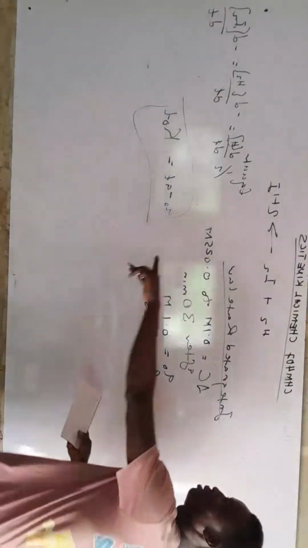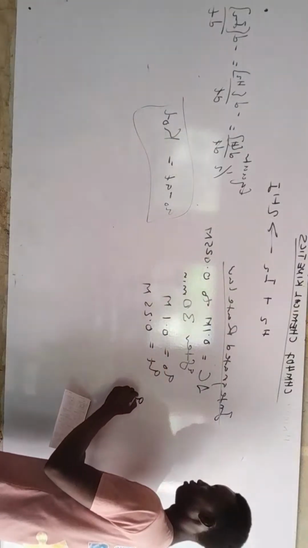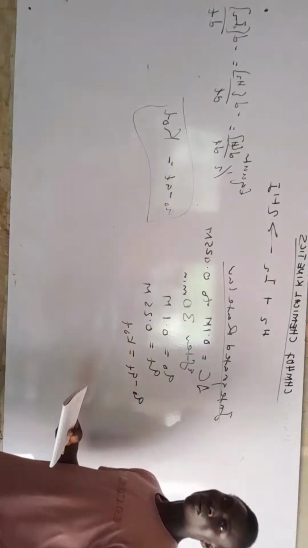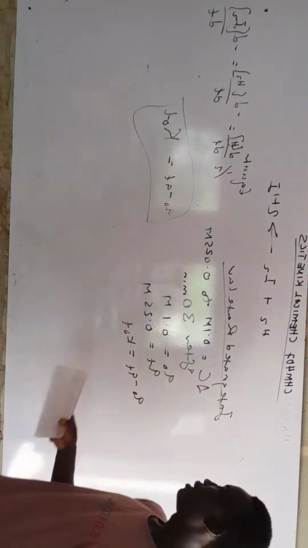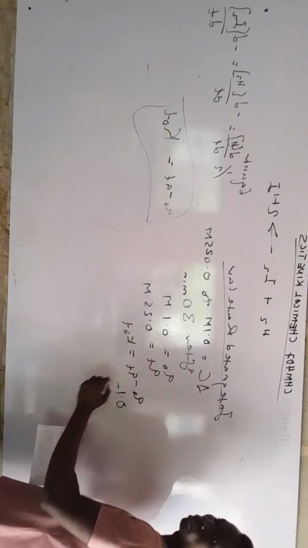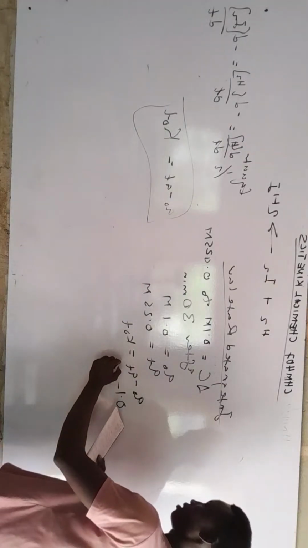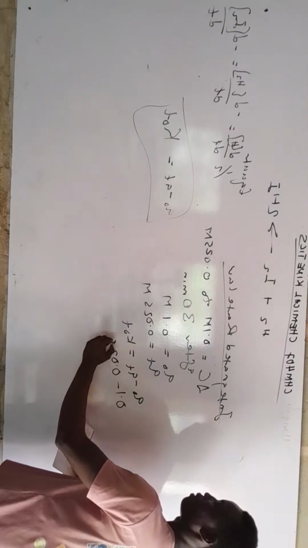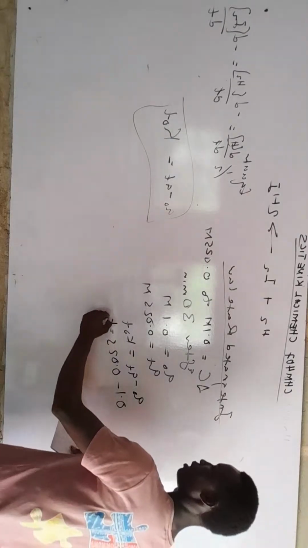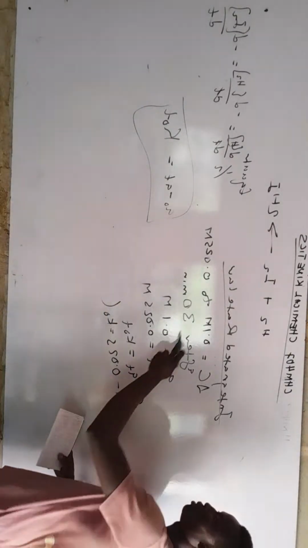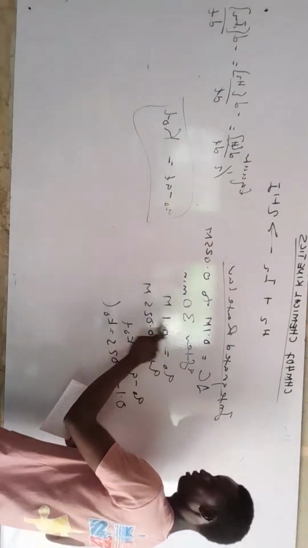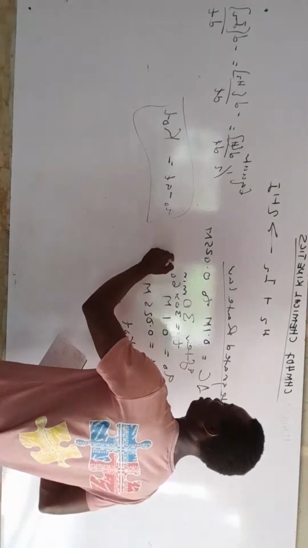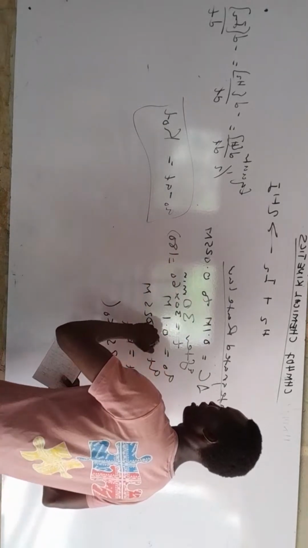Using the suitable equation that we have in this place, A naught minus At equals K naught t. The initial is given to be 0.1, then the final is given to be 0.025, equals K naught times the time given in that question, t, which is 30 times 60, and that is 1800.